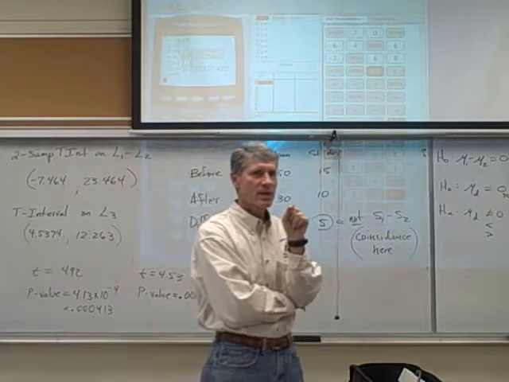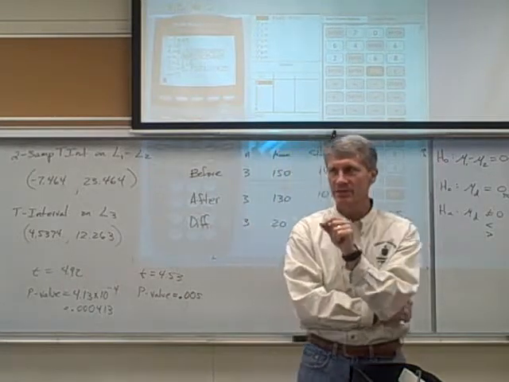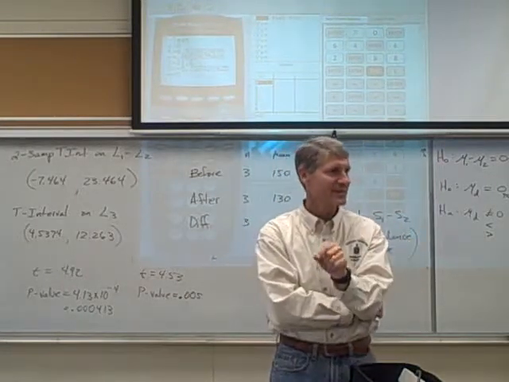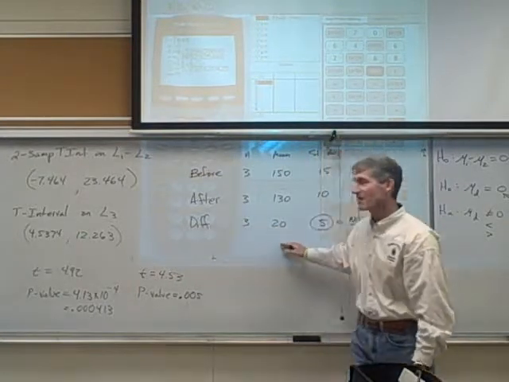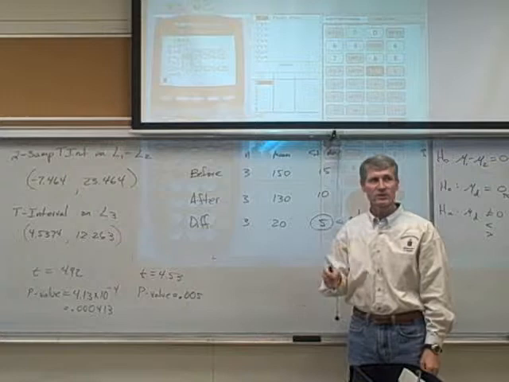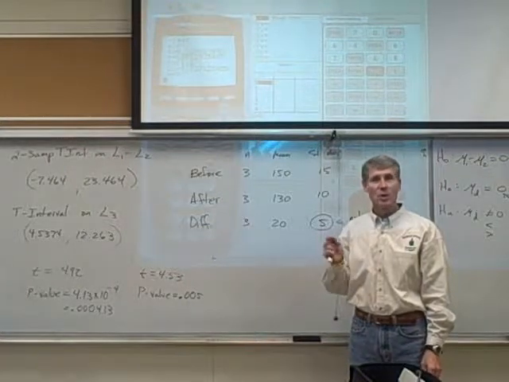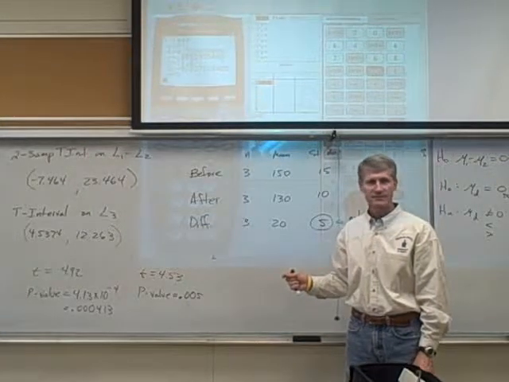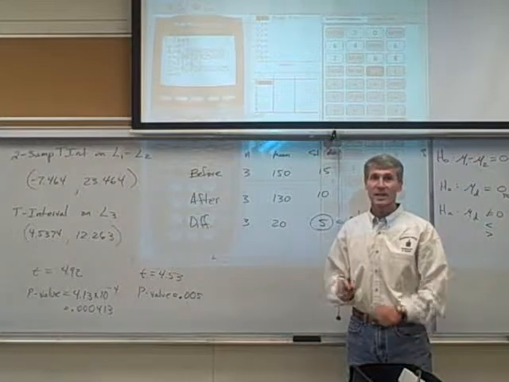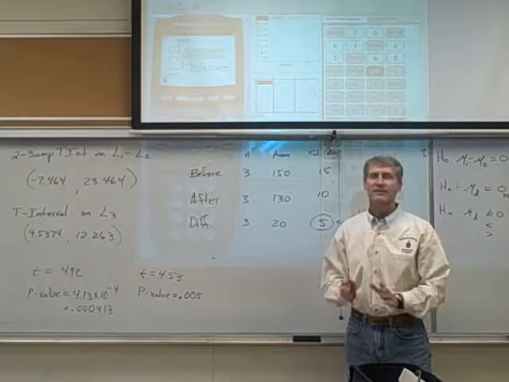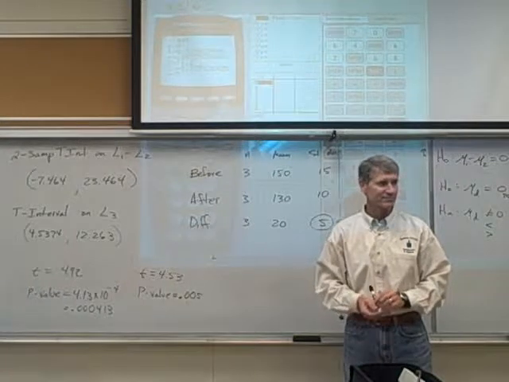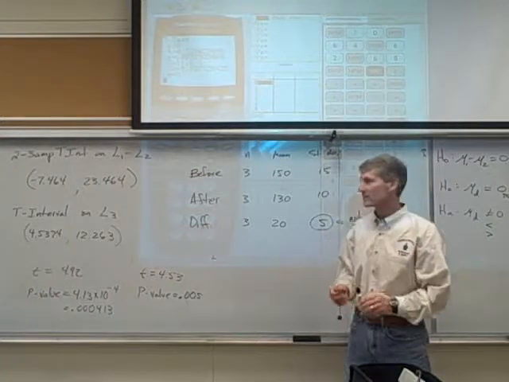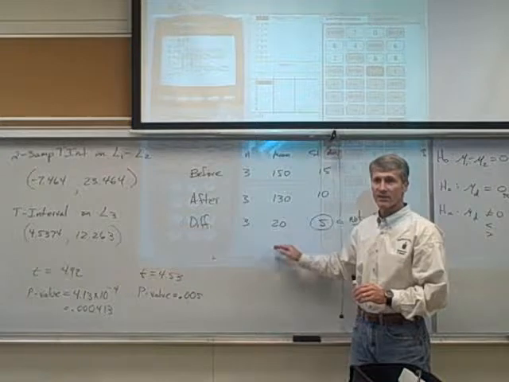And this is the biggest source of missed points on the final, is making this mistake, because they give you this data and you have enough information to do either a 2-sample t-test or a paired t-test. You pick the wrong one and it's invalid, and you just lost 10 or 15 points. So you really need to practice knowing whether this is paired data or not.